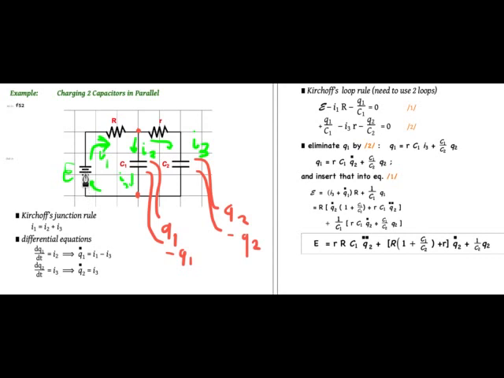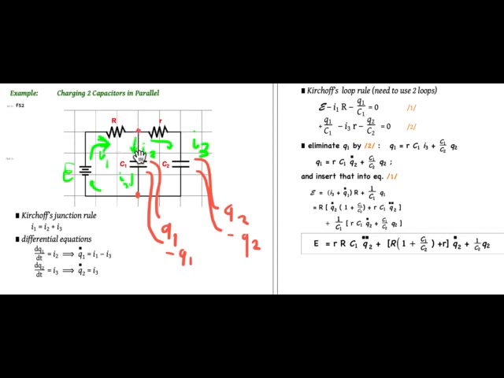Now delta V across the battery is E. Delta V across this resistor is minus I1R. Why is it negative? Well, because I'm calculating the change in potential going this direction. This will be the low potential side. This will be the high potential side, so that current is going through to the right. So the low potential minus the high potential will be minus I1R.